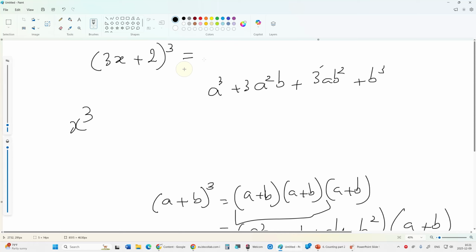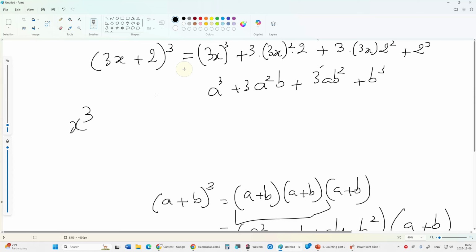This is going to be 3x cube plus 3 times a square, which is 3x square, times b for me is 2, so times 2, plus 3 times a, what is a, 3x, times b square, that is 2 square, plus the last one, which is b cube, 2 to the third.